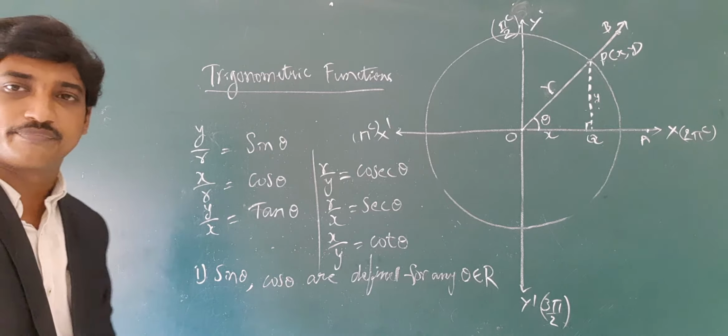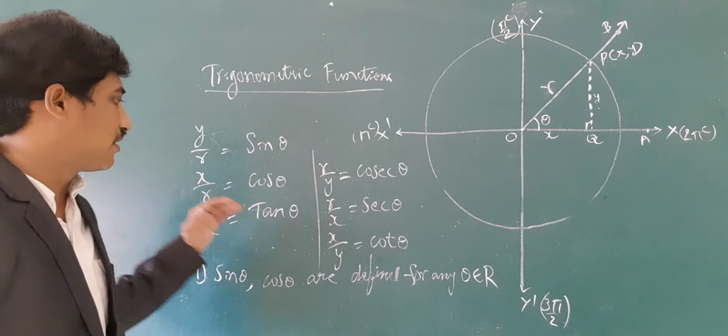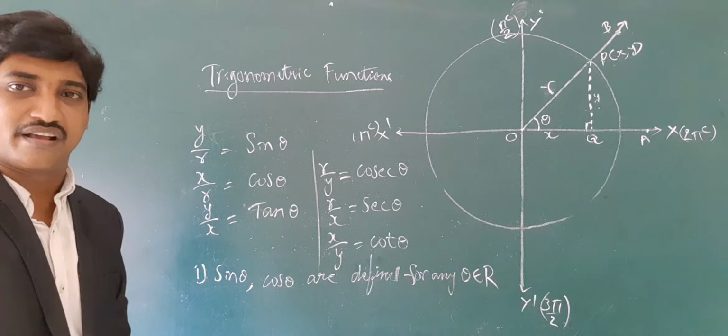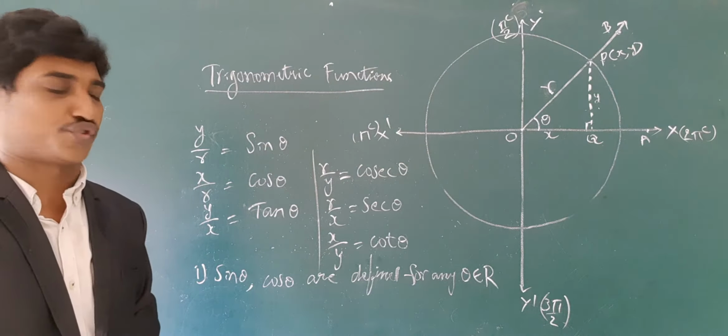Now let us see the domain of the remaining trigonometric ratios. Here I am taking tan theta. Tan theta is equal to y by x and secant theta is r by x. For both, the denominator is x. If x is 0, tan theta is undefined. If x is 0, secant theta is undefined.